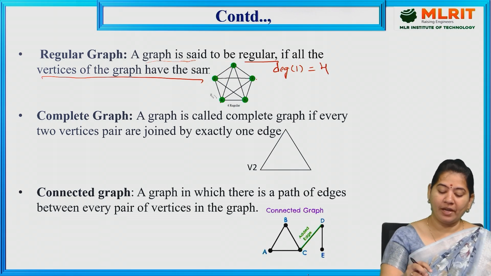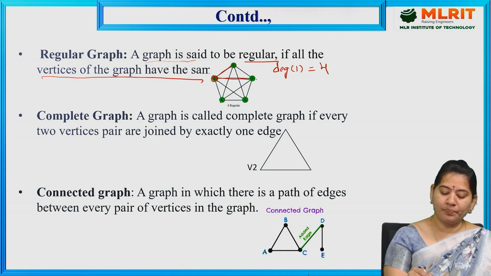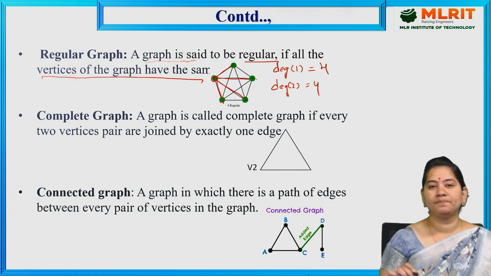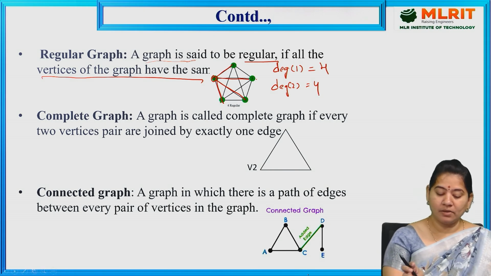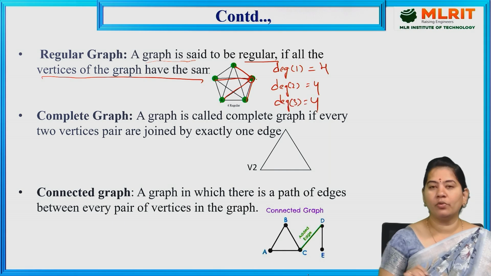In the same way, for the next vertex 2, 1, 2, 3, 4, so degree of 2 is equal to 4. For vertex 3, 1, 2, 3, 4, so degree of 3 is equal to 4.